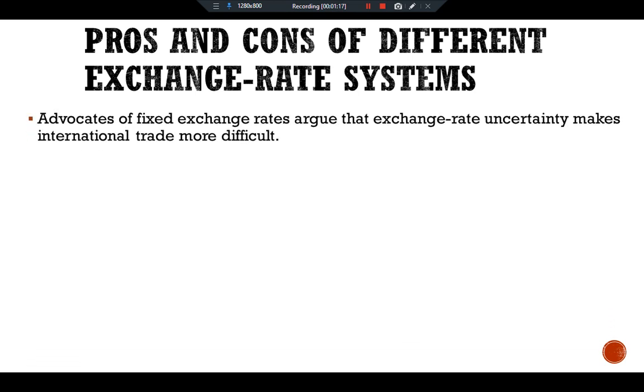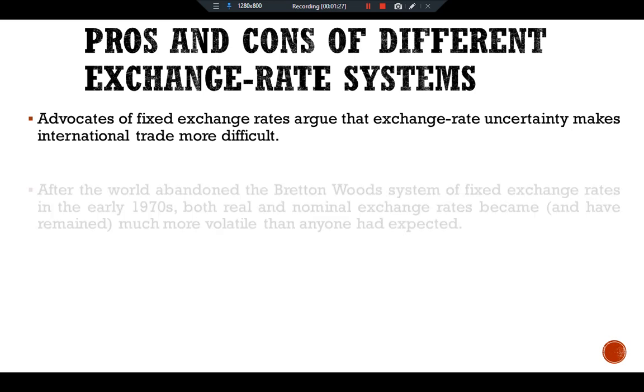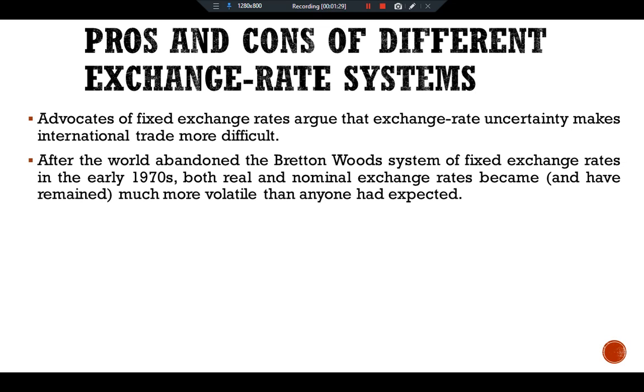The advocates of fixed exchange rates argue that exchange rate uncertainty makes international trade more difficult. After the world abandoned the Bretton Woods system of fixed exchange rates in the early 1970s, both real and nominal exchange rates became much more volatile than anyone had expected.